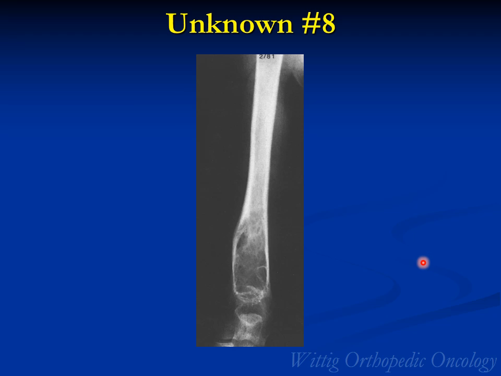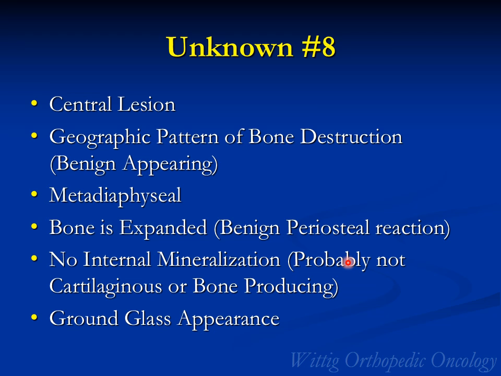Unknown number 8. This is the elbow, this is the humerus, and here's the lesion. It's a central lesion, geographic pattern of bone destruction, so it's benign appearing. It's located in the metadiaphysis. The bone is expanded, there's a benign periosteal reaction, meaning when the bone is expanded, that is the equivalent of a benign appearing periosteal reaction.